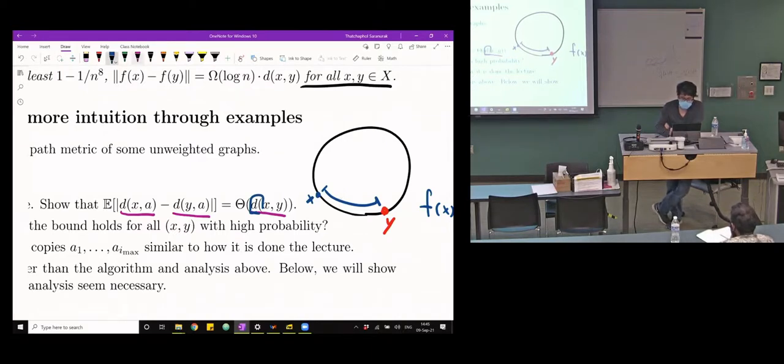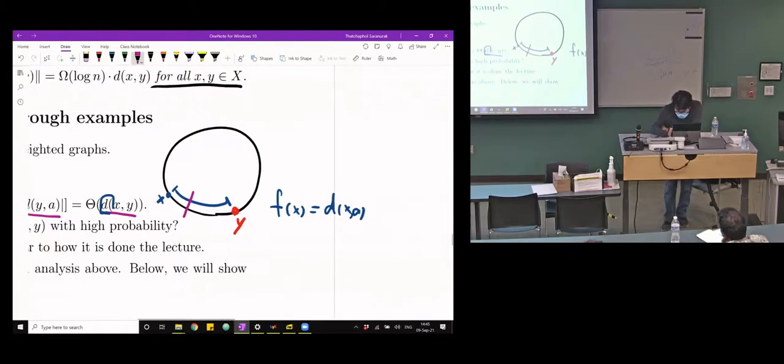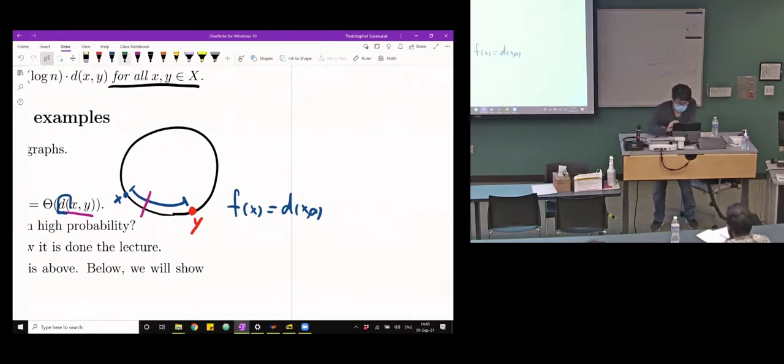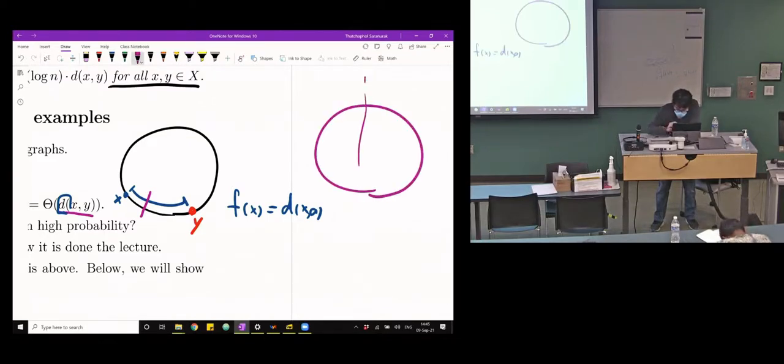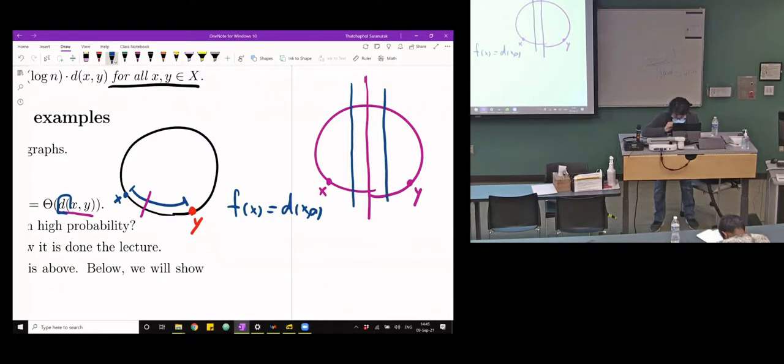So let's look at this. Suppose that A... maybe it's good if I draw it in a symmetric way. So this is a cycle, and this is X, this is Y. Observe this.